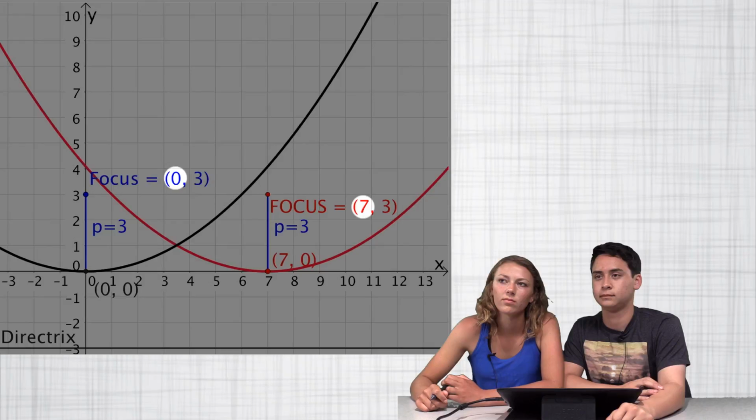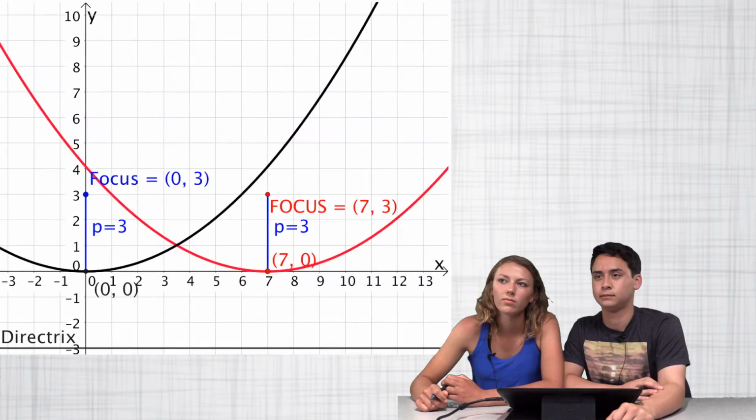It will be 7 instead of 0 because the focus was shifted to the right 7 units. Sasha and Keone also figured out that the directrix is the same for both parabolas. That is because the directrix is 3 units from the vertex of both parabolas. In the next episode, Sasha and Keone develop an equation for the translated parabola.